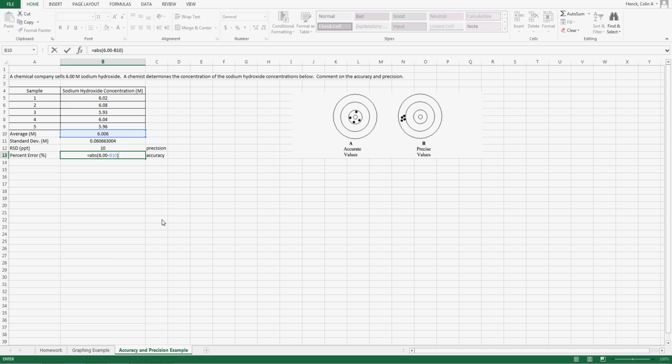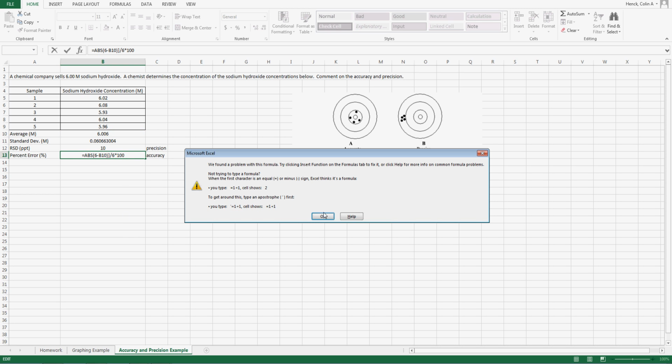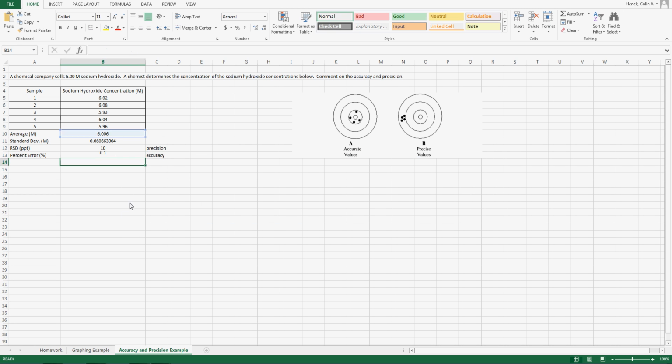Once you have that, you want to take the difference between them and divide by the known value, which in this case is 6.00. And because it's a percentage, you do want to multiply by 100. When you do that, you find that the percent error is 0.1%. So to show you the formula again, I accidentally hit the wrong button, but here you have the formula again, and this tells you the percent error here.